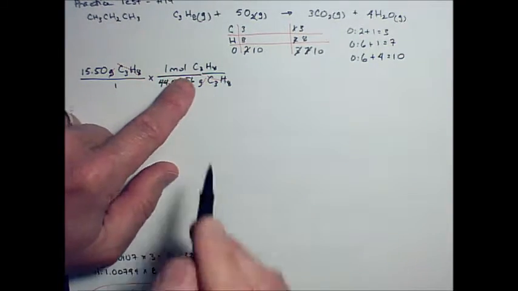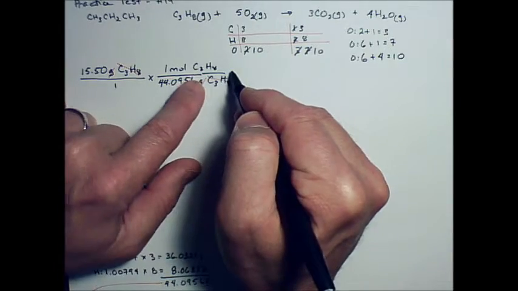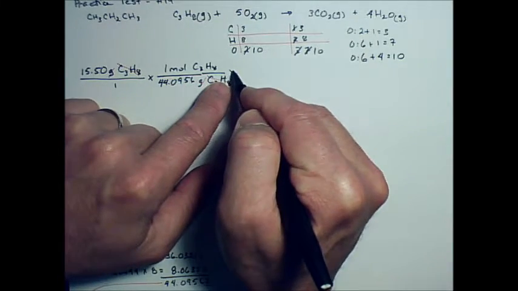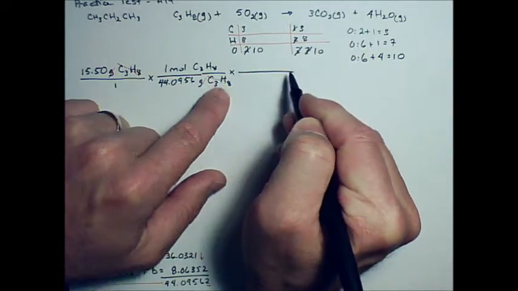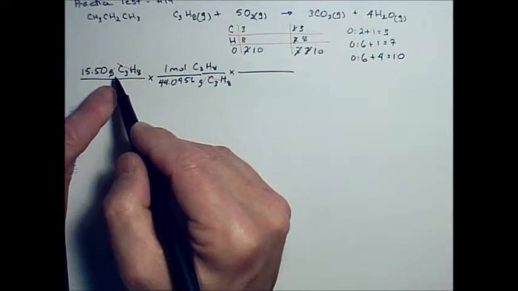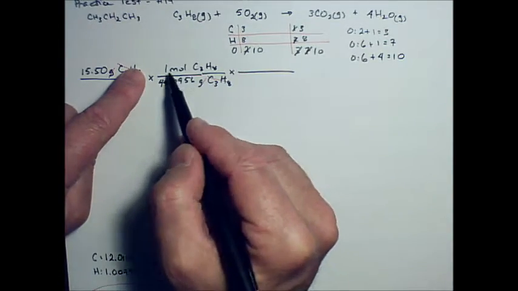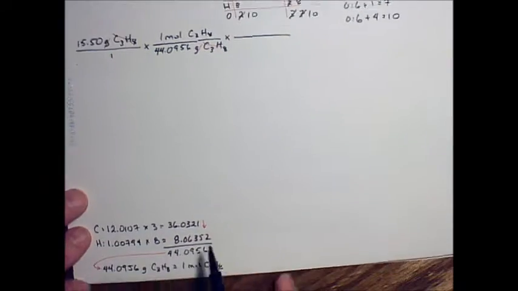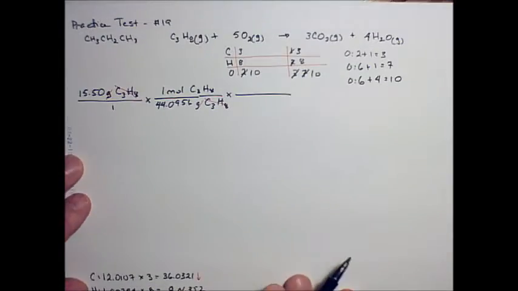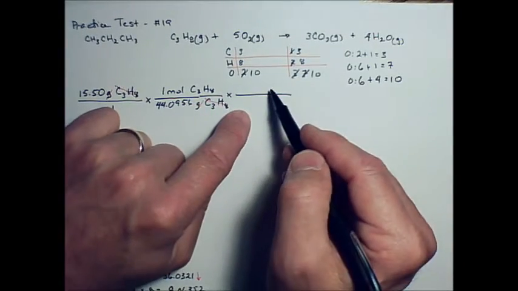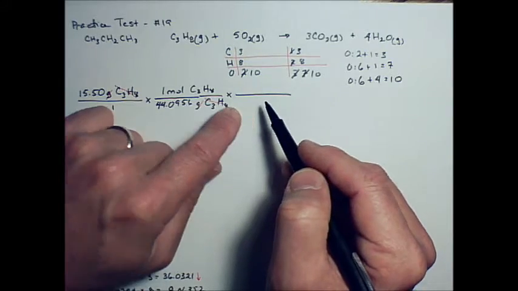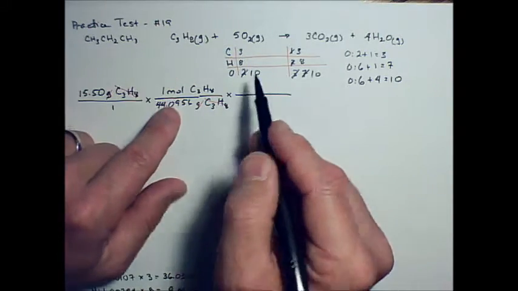Now that we have moles of C3H8, we're ready to do a molar ratio to go from one species to another. To convert from one measurement unit to another, you need a conversion unit. Conversion units always need equality statements. To go from one species to another, you need a molar ratio. Molar ratios come from the balanced equation.